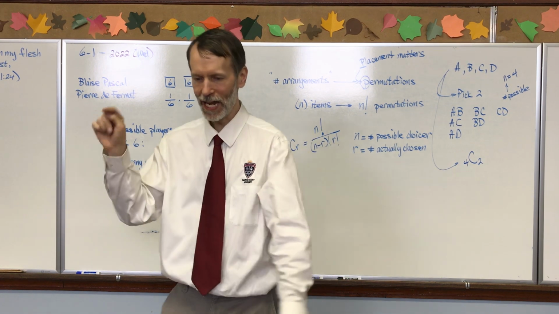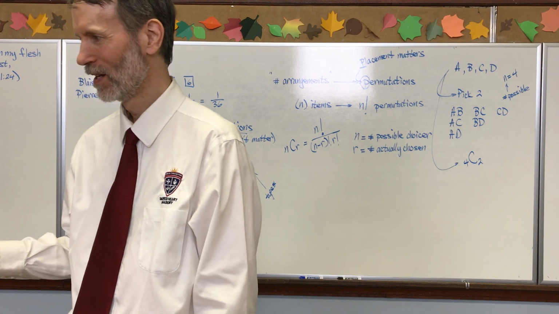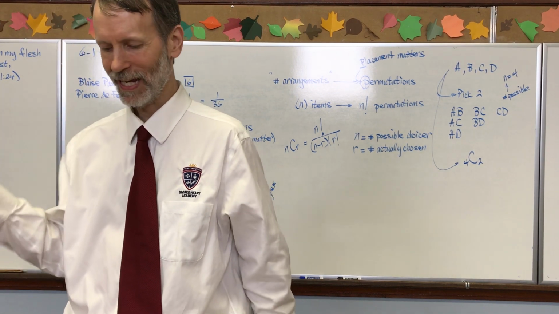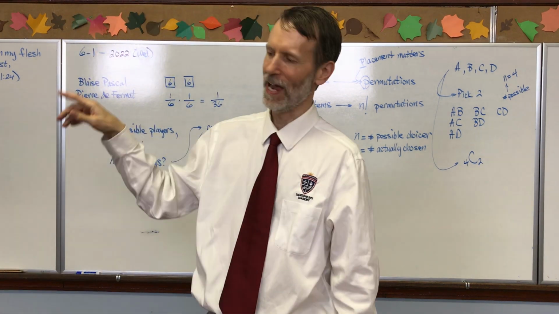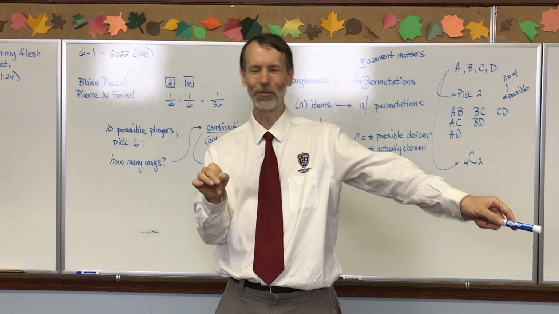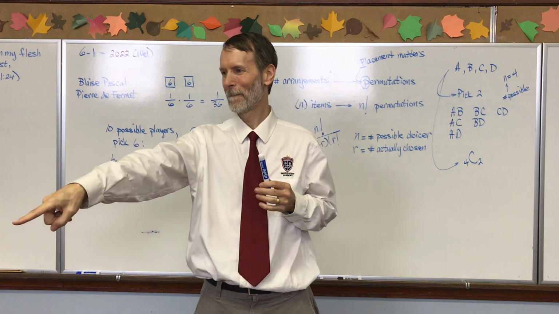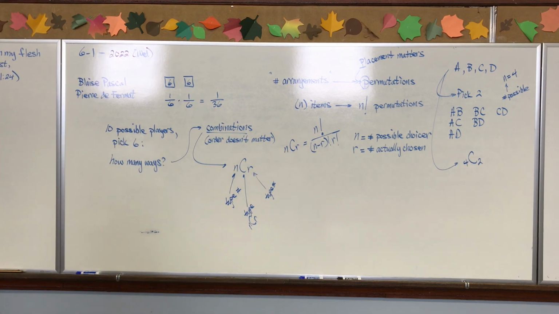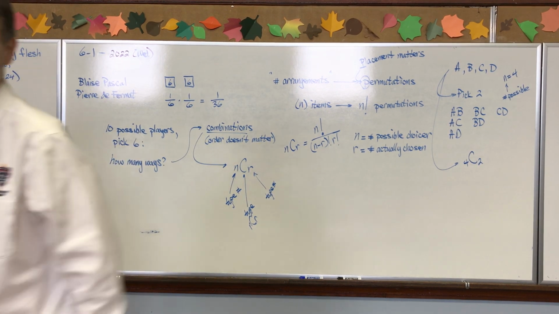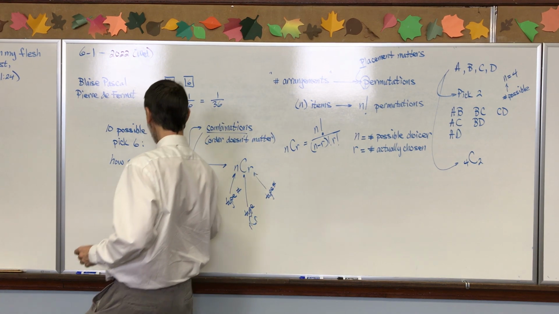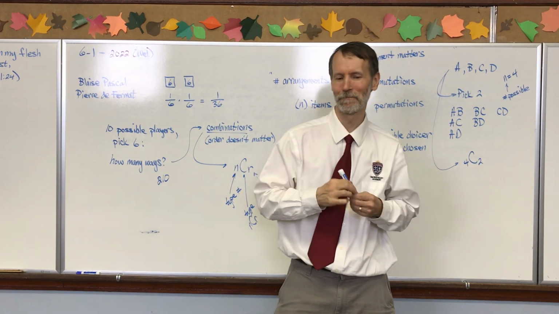Type the number 10 first, and then go to the PRB key, and it's nCr. Then after that, type the number 6 and hit enter. What do you get? 210? Bingo. It is 210. There are 210 possible ways to pick 6 people out of 10.